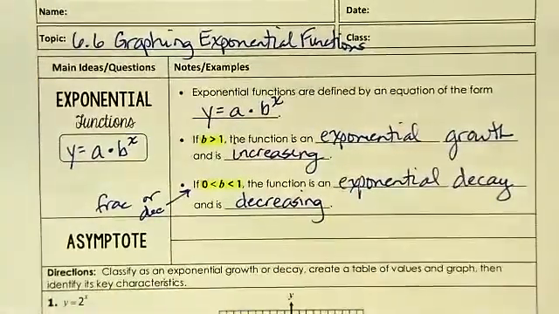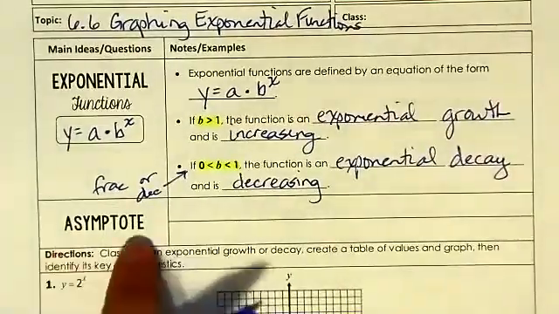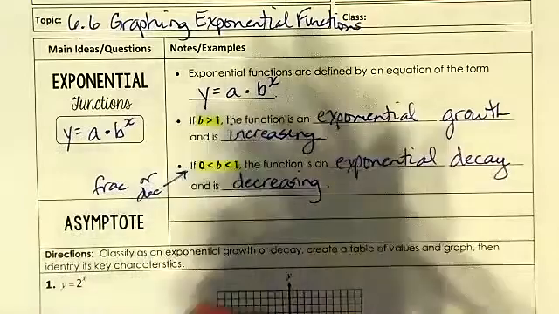Now, we're going to talk about the different characteristics of it, but one of them that we need to make sure that we understand is an asymptote. This is a vocabulary word.